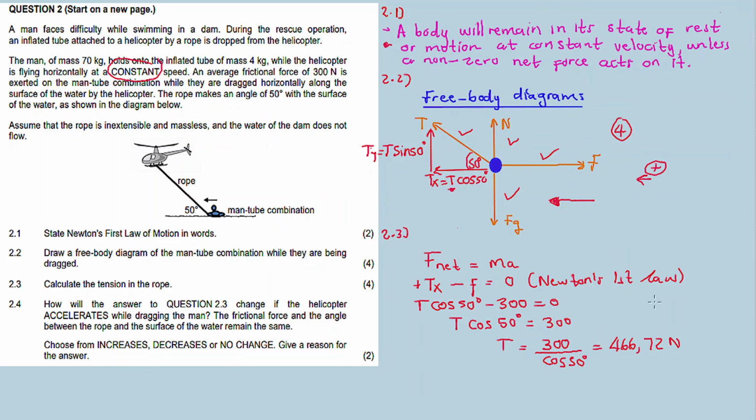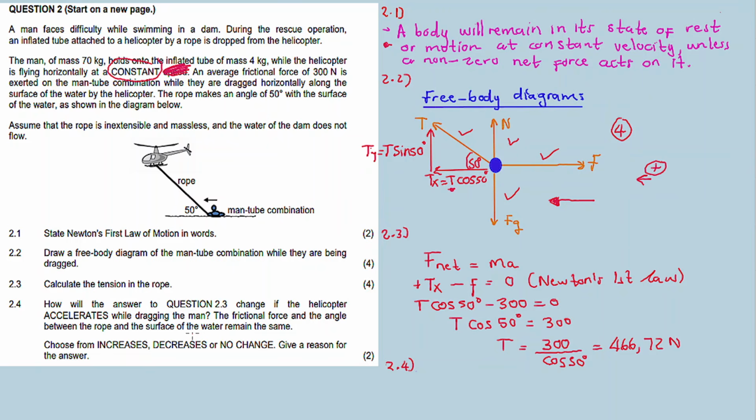Now 2.4: how will the answer to question 2.3 change if the helicopter accelerates while dragging the man? Now, before the helicopter was moving at a constant speed. Now suppose our tension, how will the answer to 2.3, the tension, change if the helicopter accelerates while dragging the man?